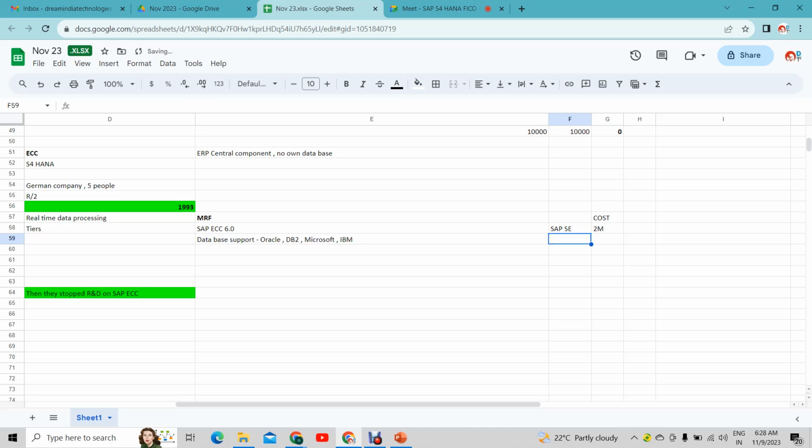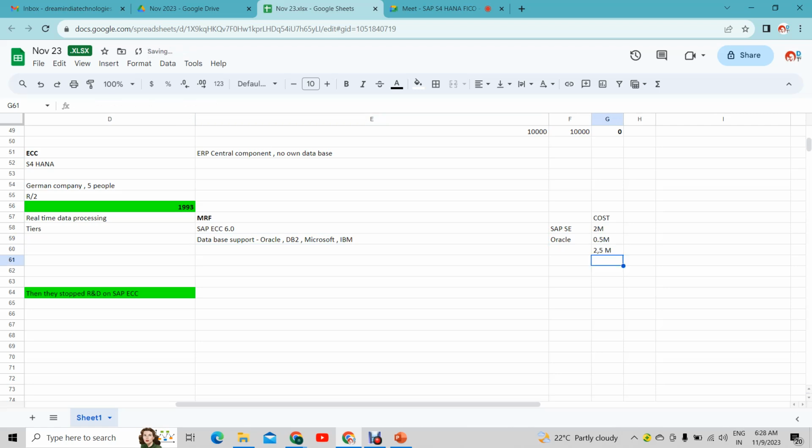These guys are providing databases. Let's say you take the Oracle database. Most of the people will buy Oracle or DB2. You buy it, maybe this is half a million. Now my total application cost is coming to 2.5 million.